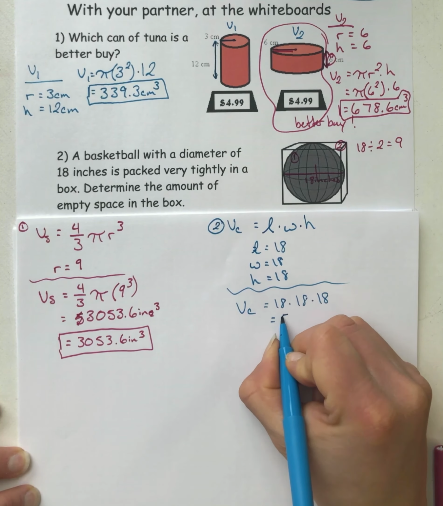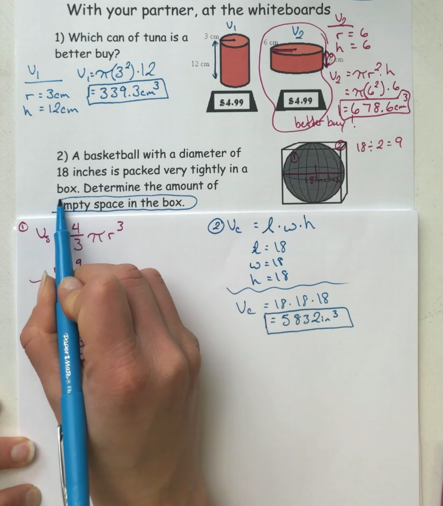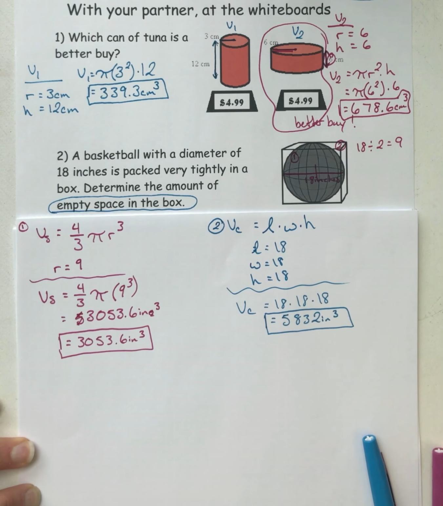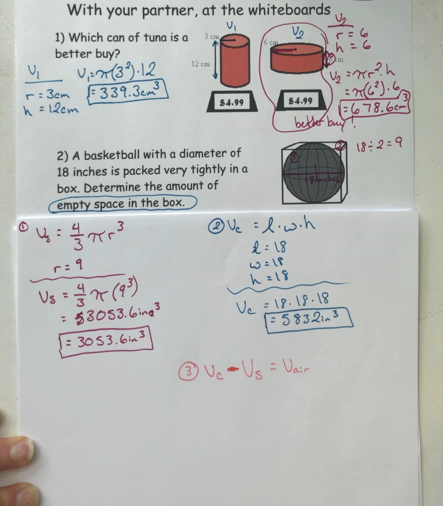So now that I have this information, what I need to do is find the empty space in the box. So if I'm going to find the empty space in my box, that empty space is going to be my cube minus my ball. So my volume of a cube minus the volume of my sphere is going to give me the volume of the air that's left over.